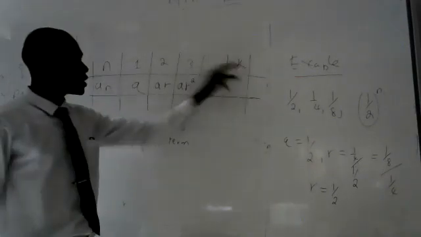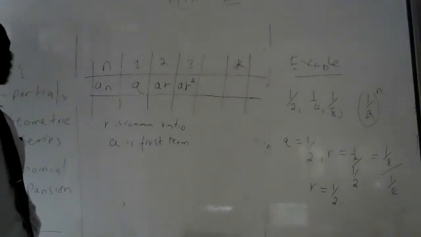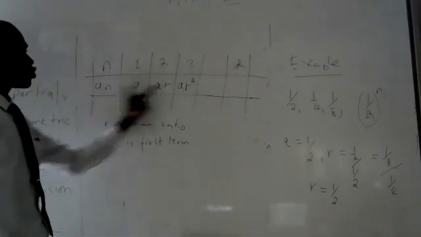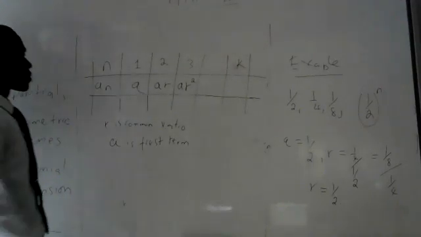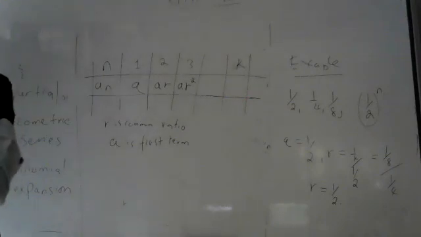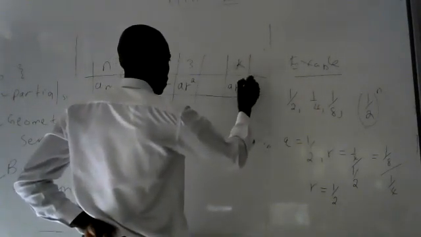What will be the kth term when n is k? Following this pattern, is it AR raised to the power k minus 1? Yes, it should be AR raised to k minus 1.